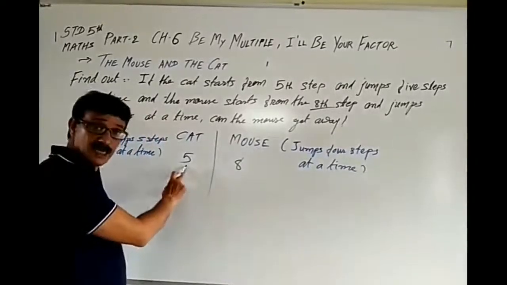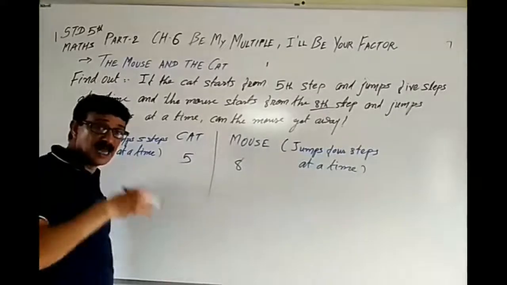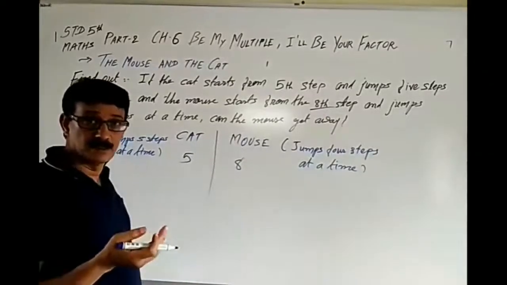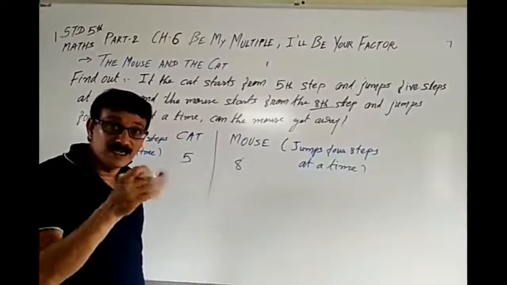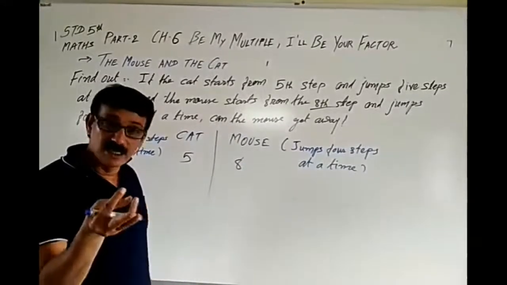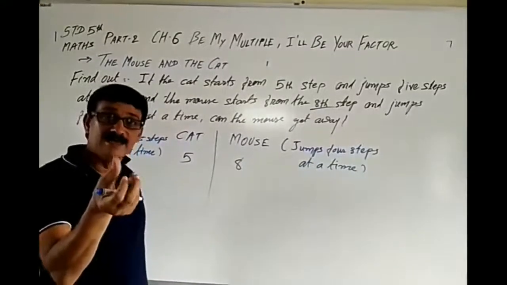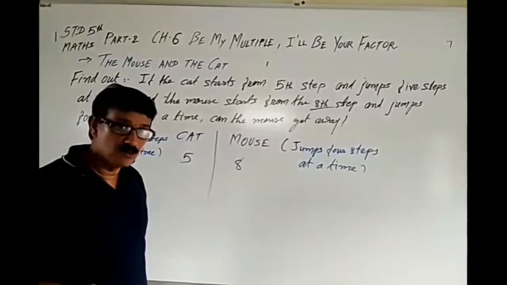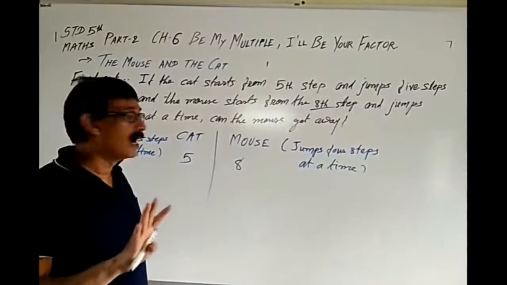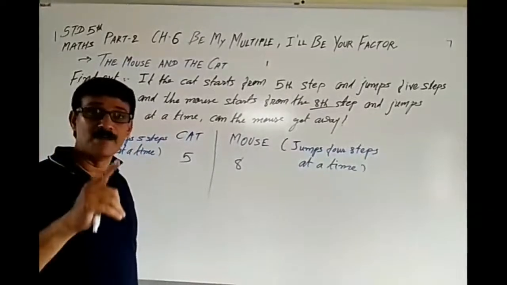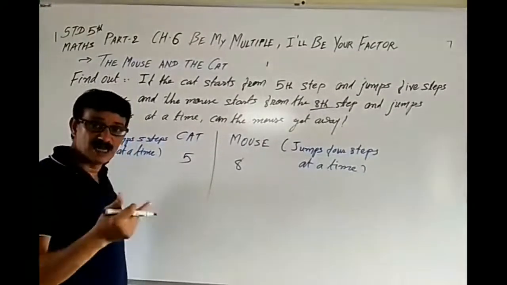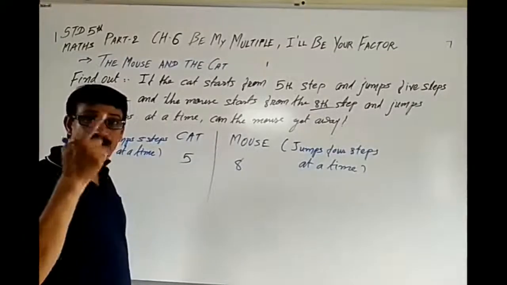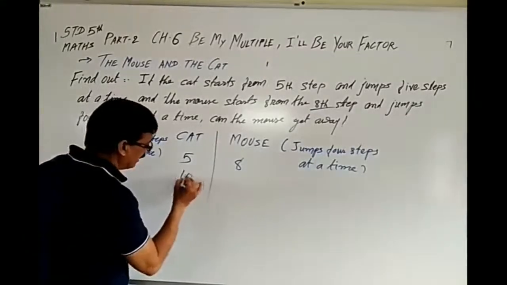Now let's see on which steps the cat will go. It is on the 5th step, then after 5 steps. Now let me ask you, how did you calculate the next step? Like this, 6, 7, 8, 9, 10? No, ideally you should go for the table of 5. So 5 ones are 5. The next step, 5 twos are 10.